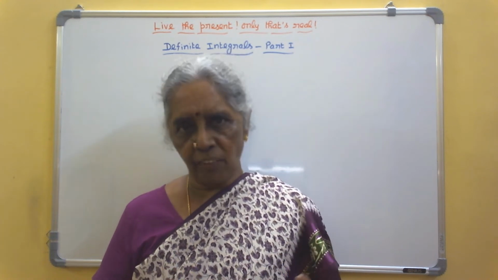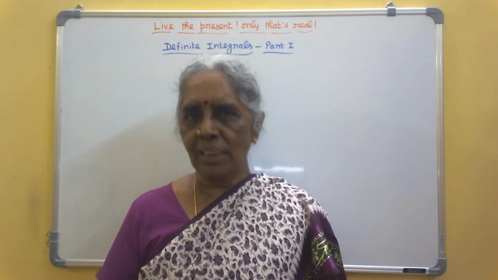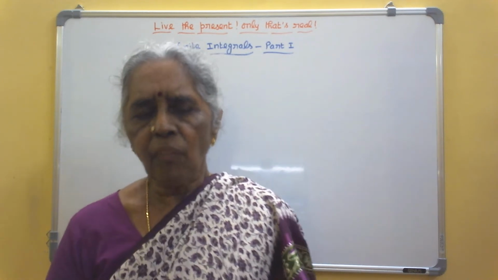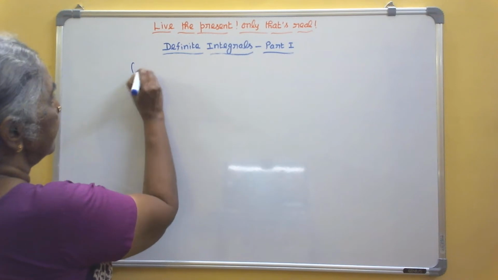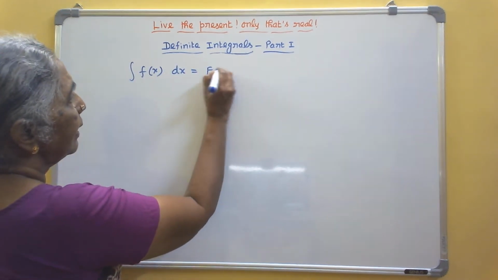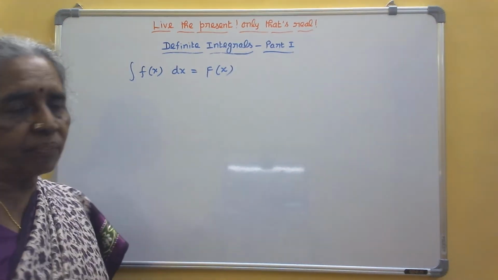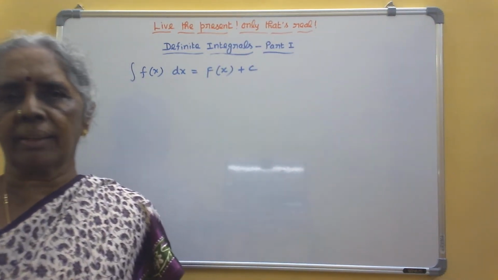Let me tell you the difference between the indefinite and the definite, and then we will go with the sums. If you consider some integrand f of x, that is integral f of x dx. If you integrate, let us say you get capital F of x, you will add one C in indefinite integrals, right?